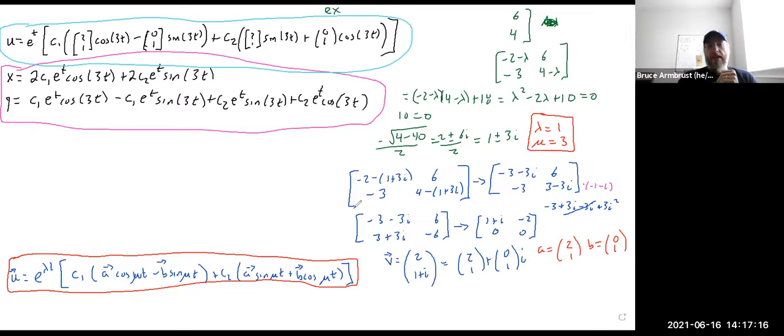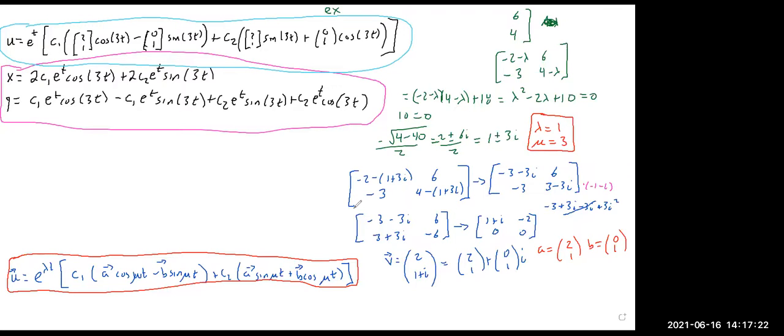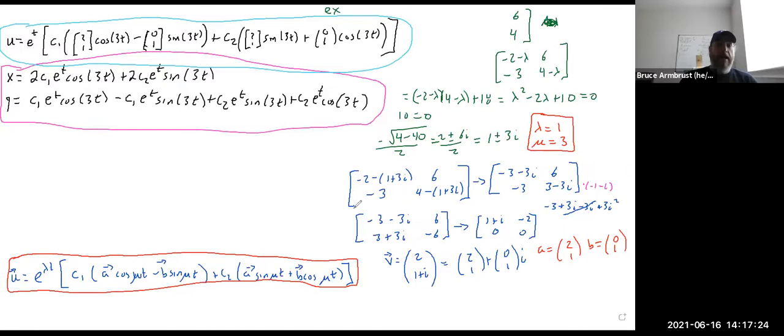So what do you think you do in that case? What do you think you do if you have both complex and real? You combine the both. Yeah, you would take this thing that came from your complex and then add to that the form that we get from our real.